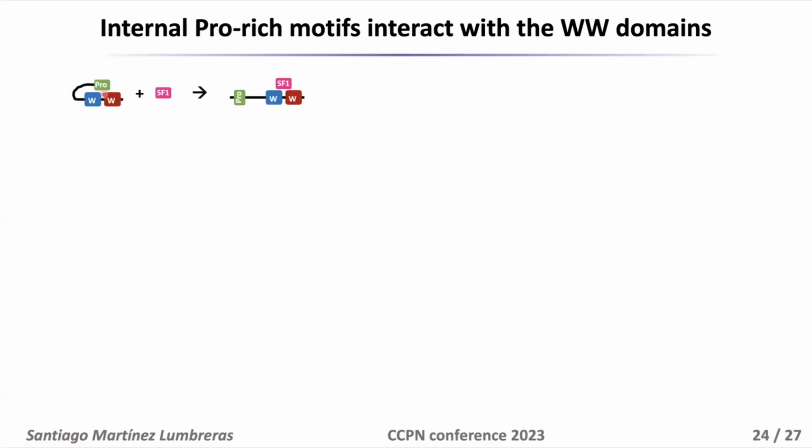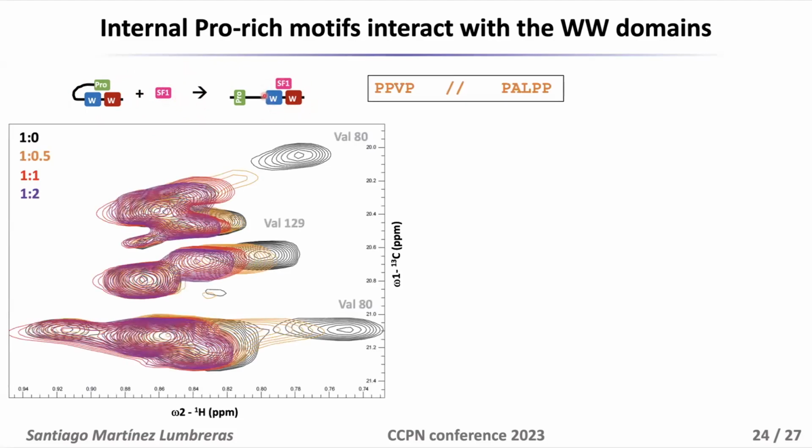We wanted first to understand which motifs in the N-terminal part are interacting. For that, we did a titration of this construct with the high affinity peptide from SF1, and then we monitored the chemical shift perturbation. Of course, we have quite a lot of perturbation in the tandem, but we also observe that signals close to these two motifs in the N-terminal region were shifted as well, from a folded chemical shift to more random coil values.